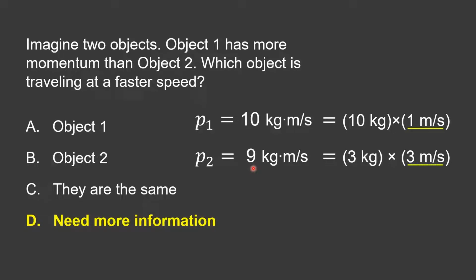So when we compare speeds, clearly the second object is going faster even though it has less momentum. So my point is that just knowing which object has more momentum doesn't really tell you what the motion is. You need more information to make use of a momentum value.